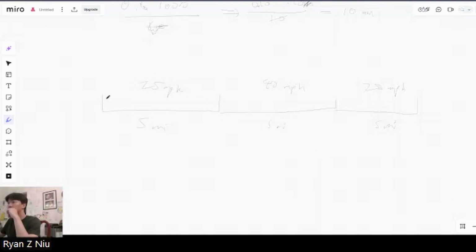And so it says one car starts here, another car starts here, and they're driving towards each other. And so they want to ask at what point will they meet, and how far is it from this point over here? So this is A, and this is B.